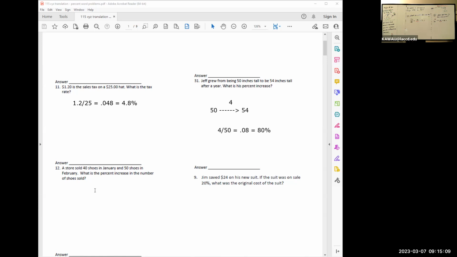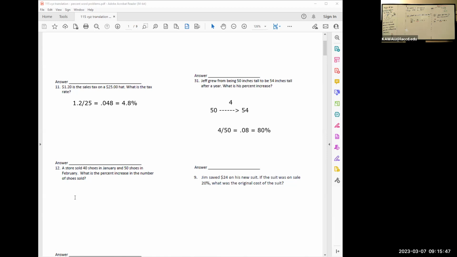Let me do this one down here. Now, we can sort of see the word percent increase.